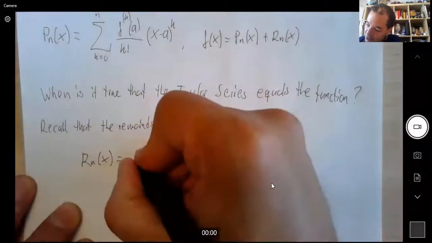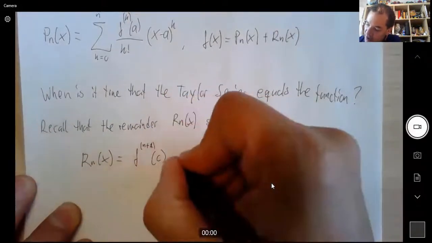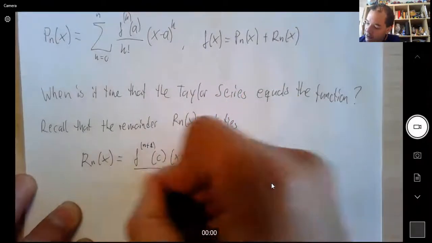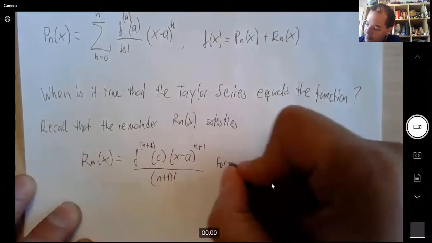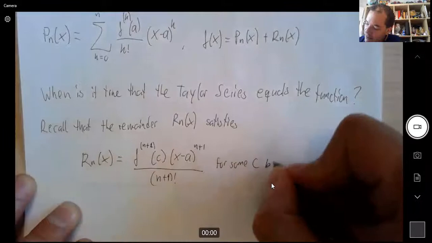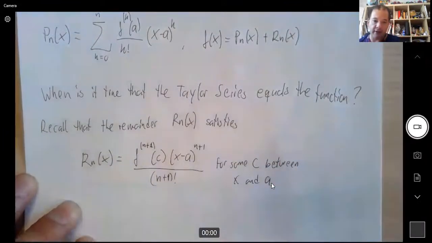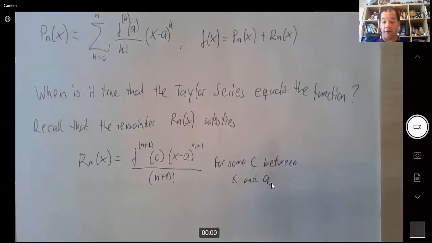It's equal to the n plus 1 derivative at some number c, times x minus a to the n plus 1, divided by n plus 1 factorial, for some c between x and a, right? We did this before. So this was back in 11.1.